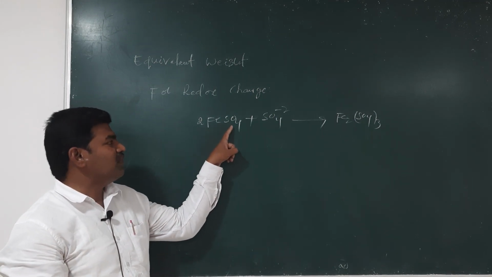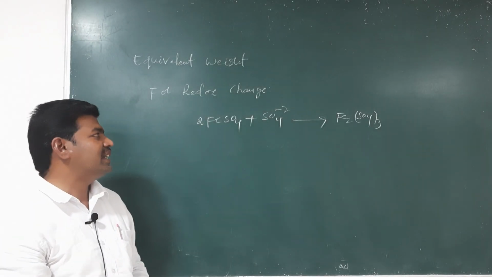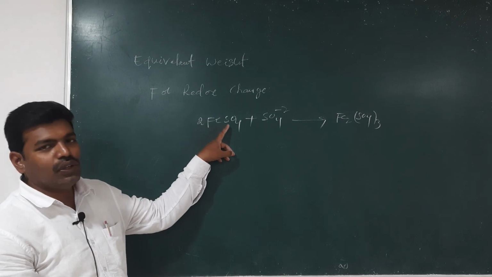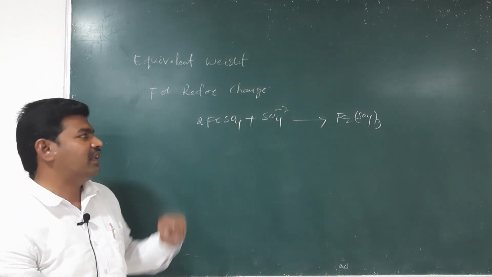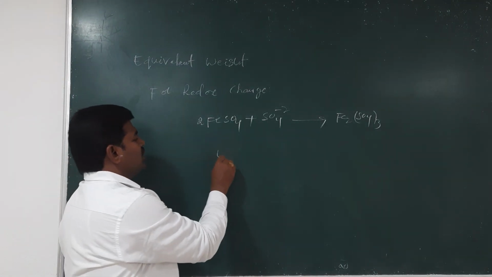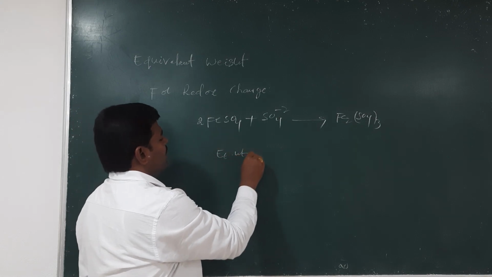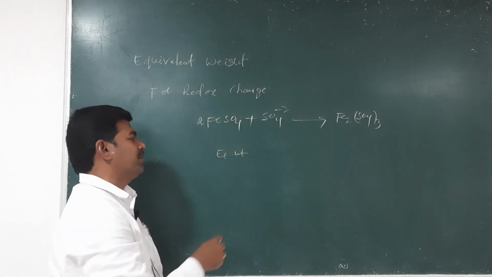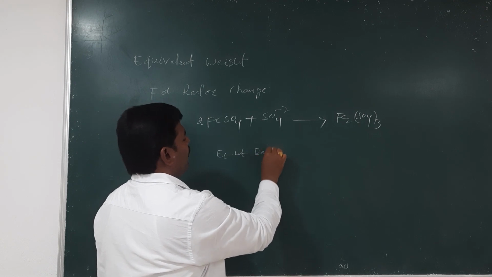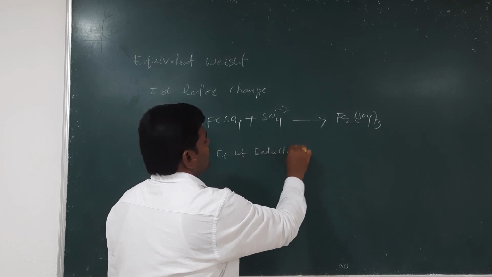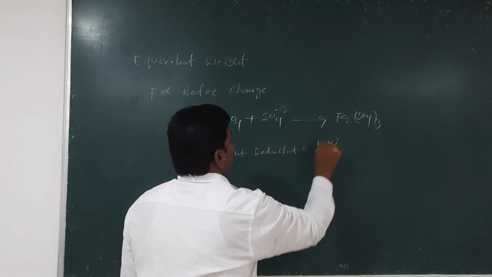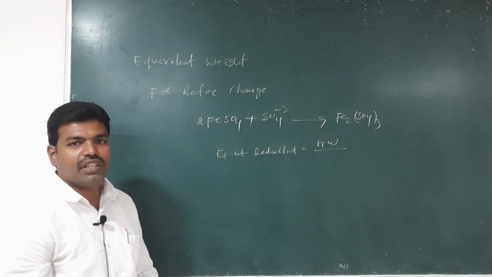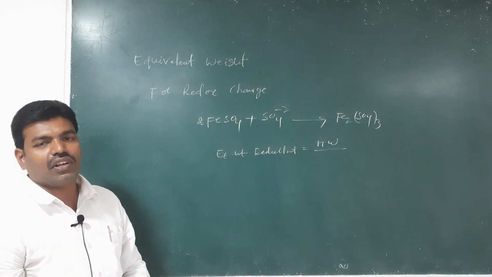Here FeSO4 is the reducing agent. We should calculate the number of electrons transferred. Equivalent weight of FeSO4, the reductant, is equal to molecular weight by the number of electrons transferred per mole.